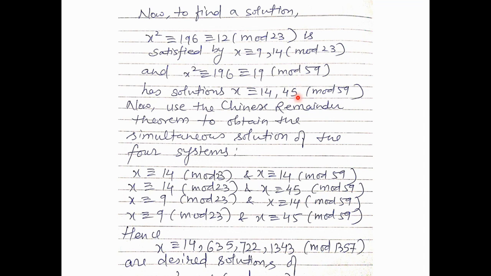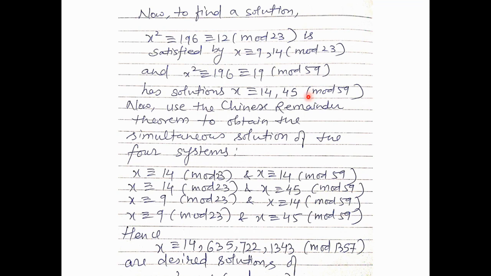These are the solutions. So we can use the Chinese remainder theorem now to obtain the simultaneous solution of the four systems, because we have taken two congruences here. First is x squared congruent to 196 modulo 23, and another is x squared congruent to 196 modulo 59. So x has two values from the first and two values from the second congruence.